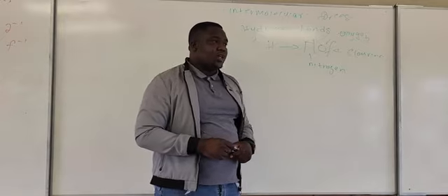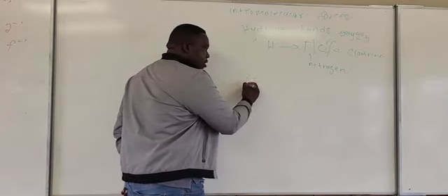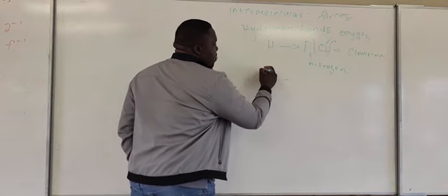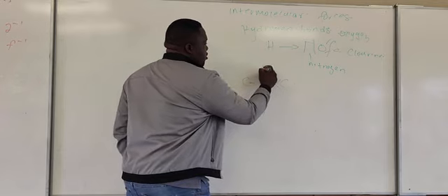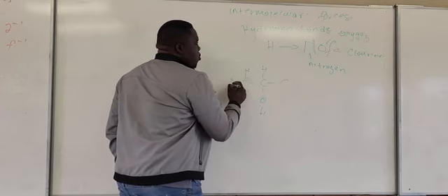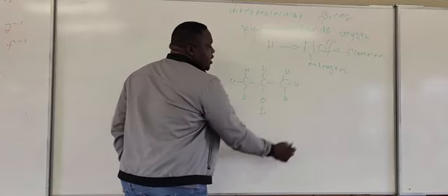Here, let us talk about our own organic molecule. Let's say we have an alcohol, OH. We want to compare the intermolecular forces between an alcohol and a carboxylic acid.